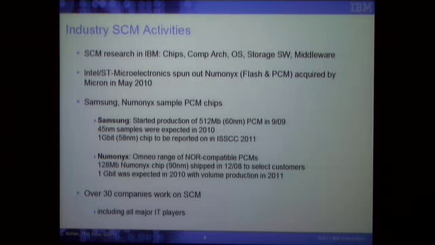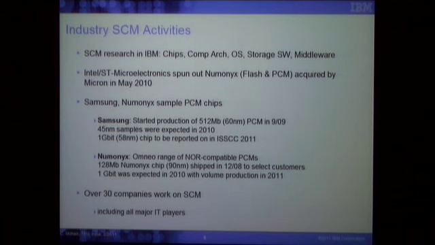Sometime in March is all I know. And of course, more recently, I'm sure you are aware that Numonyx was acquired by Micron. So maybe, because of some of these sorts of things, there may be greater focus because deeper pockets and so on might come into play.